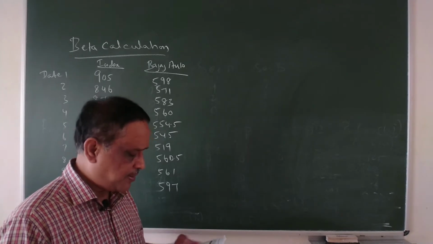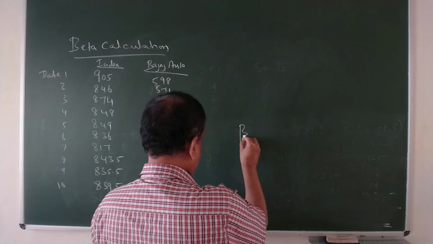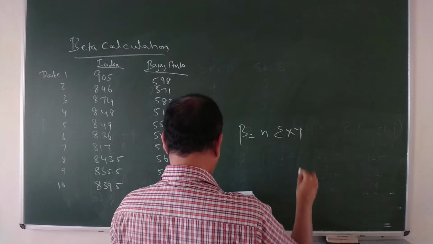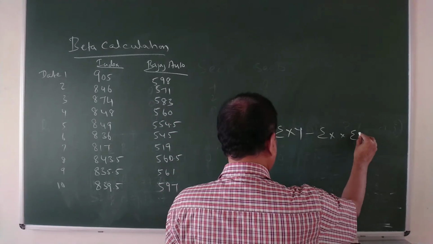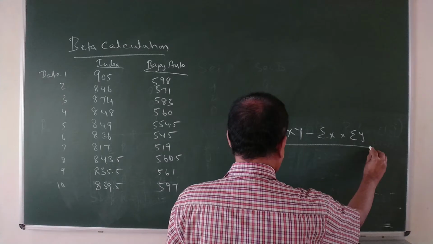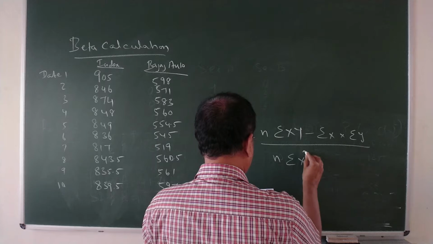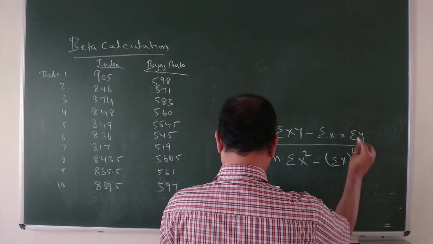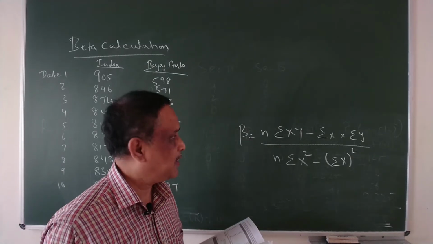So the formula for beta is, let me write it down: beta equals n sigma xy minus sigma x into sigma y divided by n sigma x square minus sigma x whole square. So this you have to memorize.